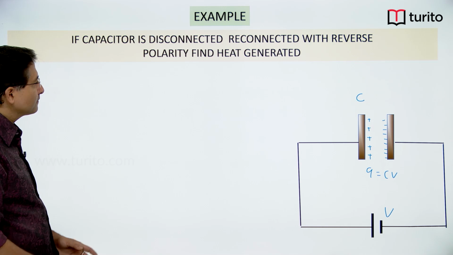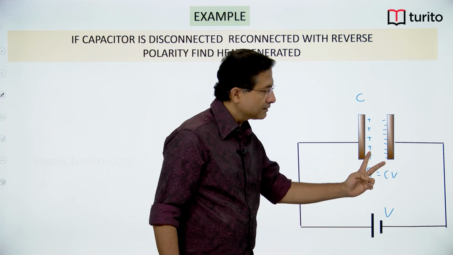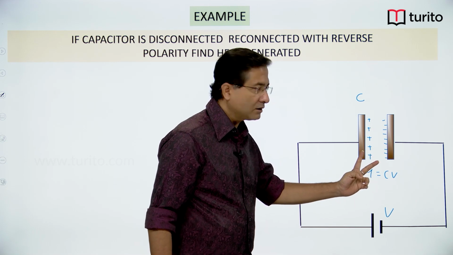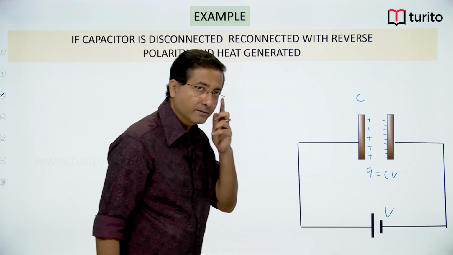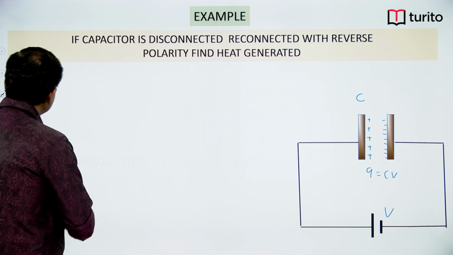Now, the question says that the capacitor is disconnected and connected to the battery with reverse polarity, right. So, the same capacitor is first disconnected and connected with reverse polarity.